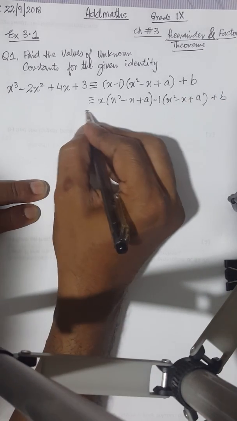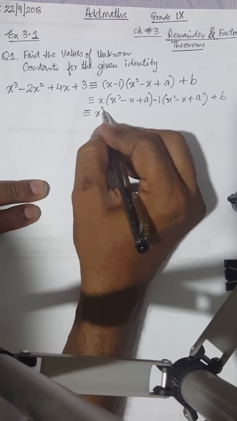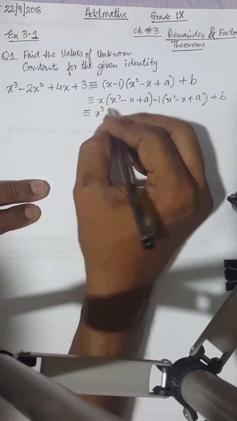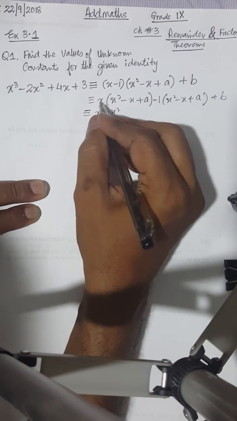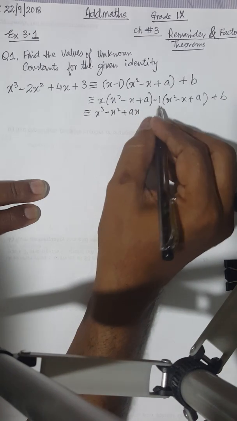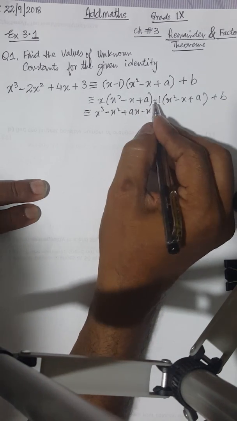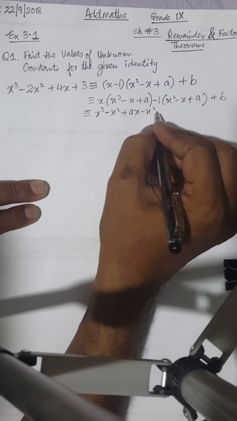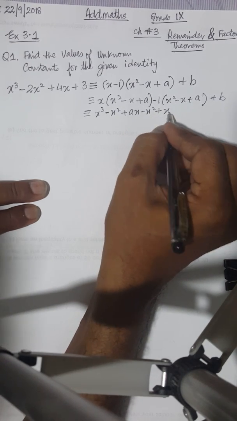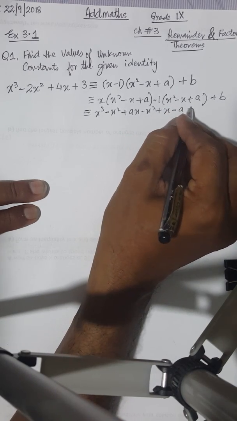All right, let's open the brackets now. x into x square is x cubed, x into x is negative x square, x into a is ax, minus 1 into x square is minus x square, minus 1 into minus x is plus x, minus 1 into plus a is minus a, and then we have plus b.